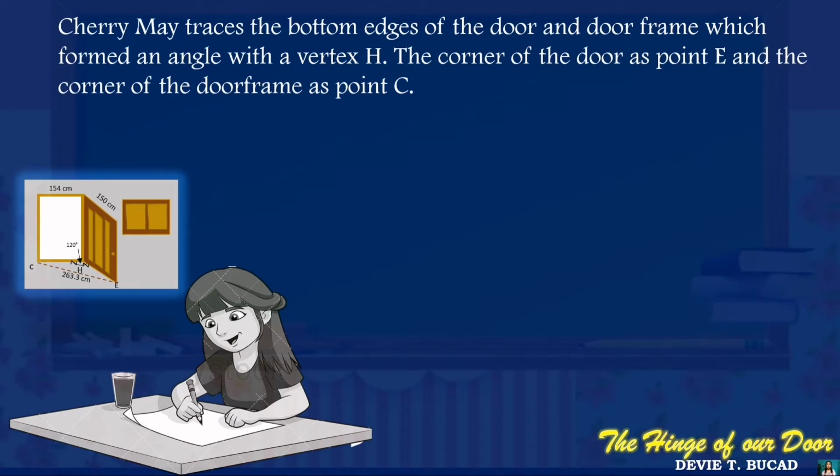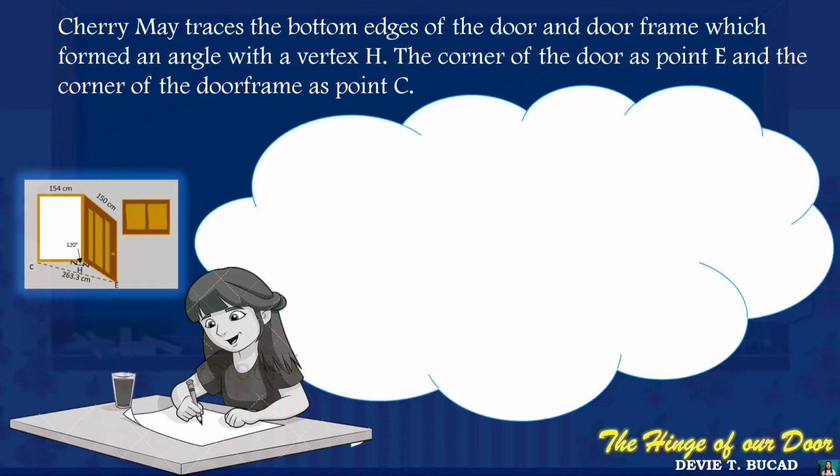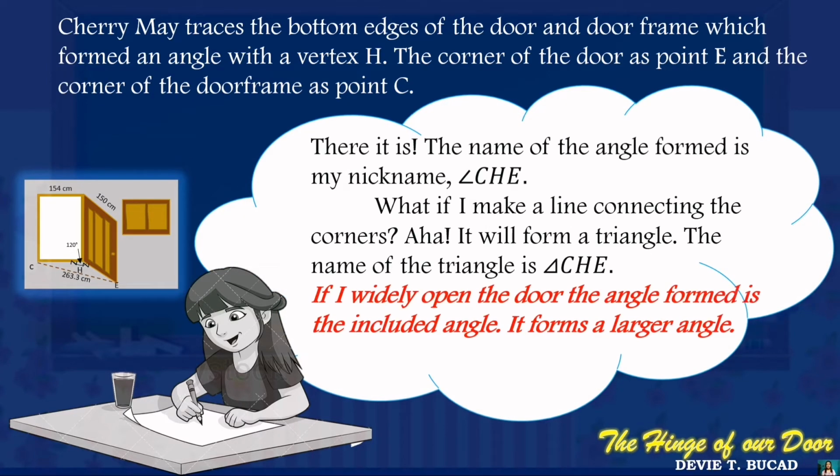She started to sketch her ideas and explore the theorem herself. Jeremy traces the bottom edges of the door and the door frame, which formed an angle with a vertex H. The corner of the door as point E and the corner of the door frame as point C. Take note. "There it is. The name of the angle formed is my nickname. It's angle check.